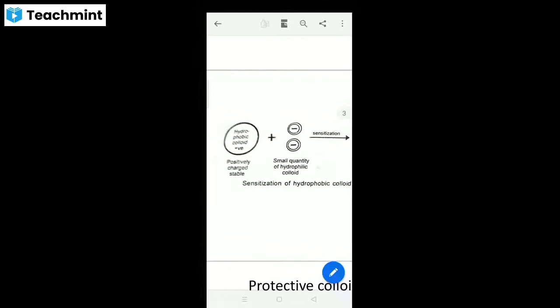If the zeta potential of this hydrophobic particle is more, more charges would be there, and if the zeta potential is less, the density of charge would be less. Let me tell you, the more the density of the charges, the more the zeta potential, and the more stable that hydrophobic dispersion will be. There is a direct correlation.